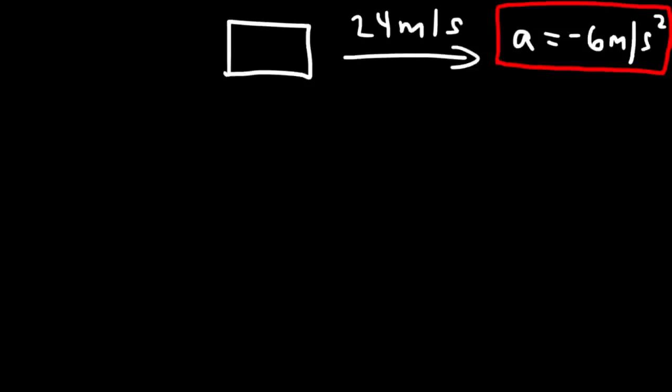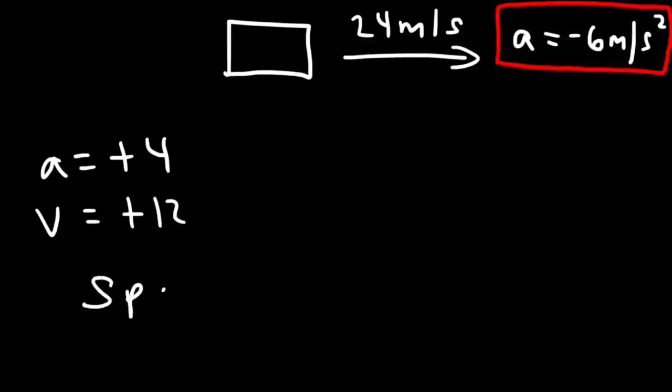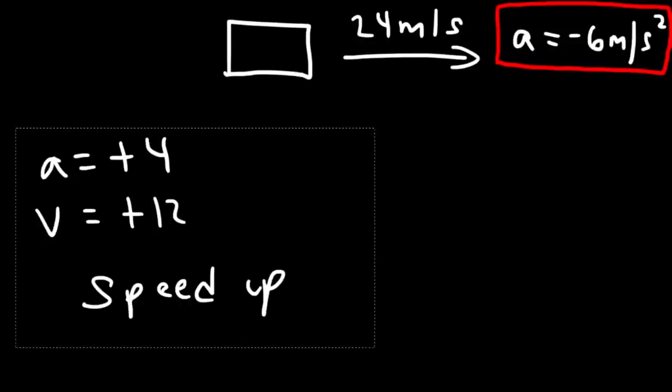In the last example, the acceleration was positive 4 and the velocity had positive values; it started with positive 12. And so because velocity and acceleration have the same sign, the object was speeding up. So you may want to write this down.